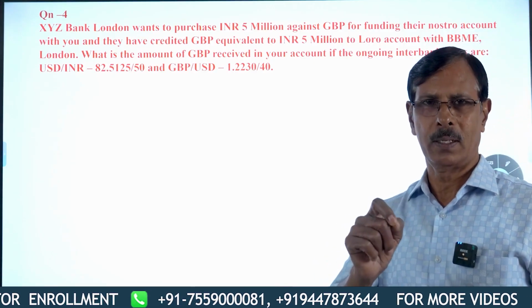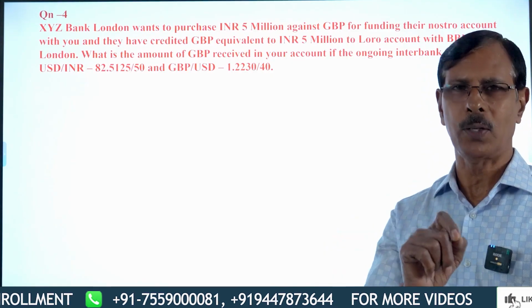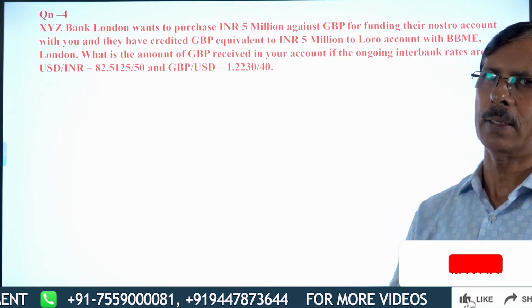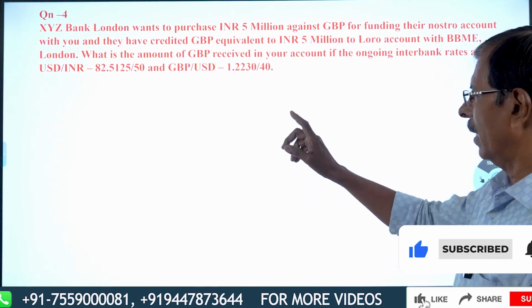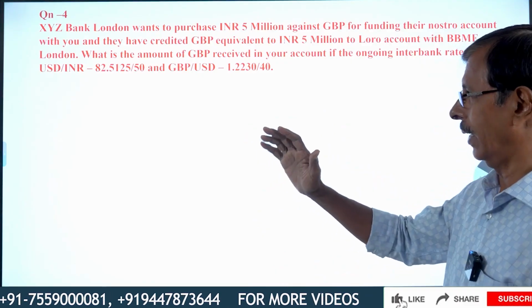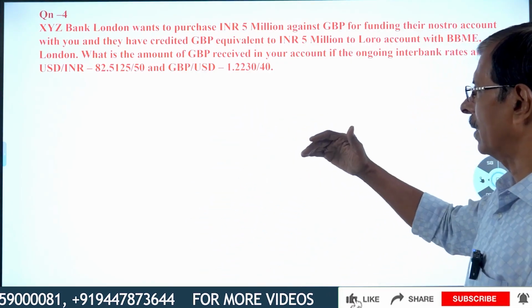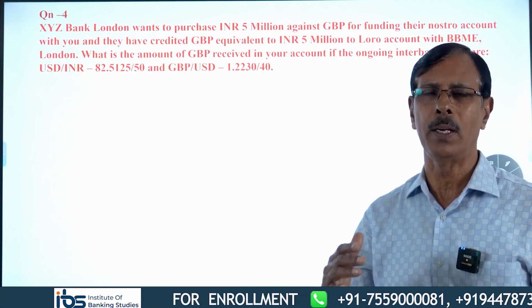Little bit complicated question. First, you have to identify what is the nature of the transaction, whether it is a buying transaction or a selling transaction. So you read the question once again. XYZ Bank, London, it's a foreign bank. They want to purchase Indian rupee 5 million. That means they require 5 million Indian rupee.